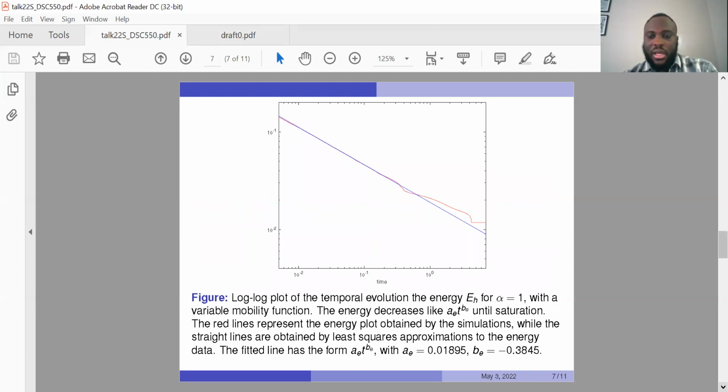Here we have the log plot of the temporal evolution of the energy, where alpha equals 1. We can see in this plot how the plot is being generated.